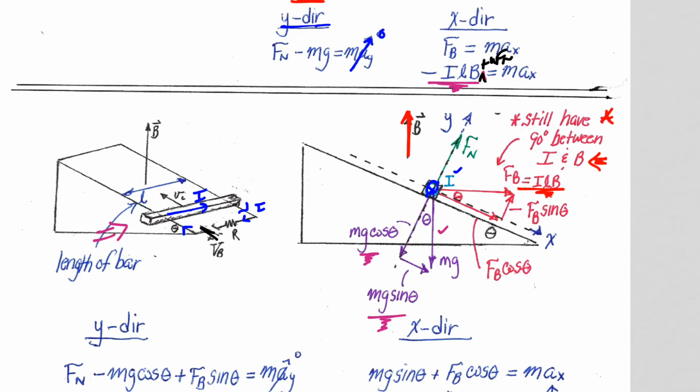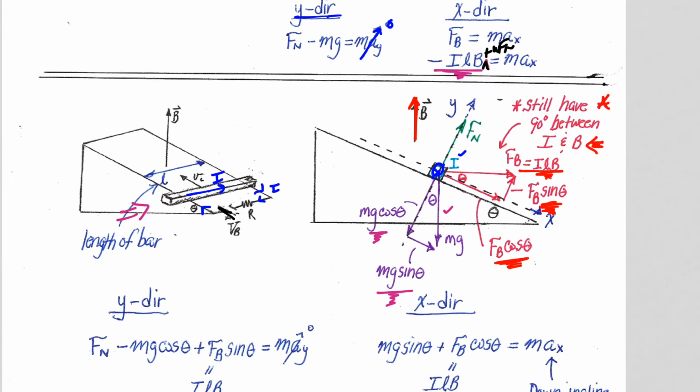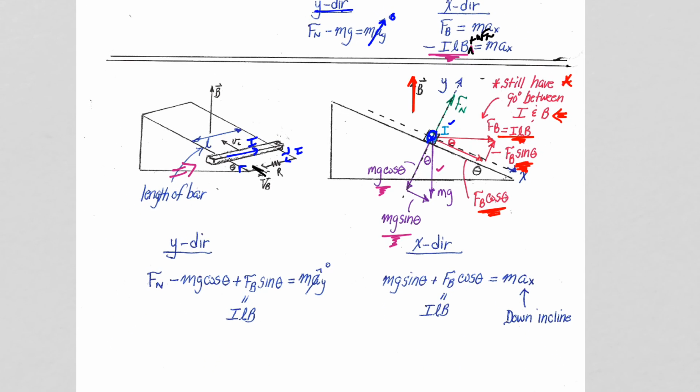Now, that ILB is not on my rotated coordinate system, so that is why we have F_B sine theta and F_B cosine theta, and of course F_B is ILB, and we have a force normal pointing straight up because the bar is not sinking into the rails. Now, in the y direction, Newton's second law, sum of the forces in the y direction equals mass times acceleration. We do have to be careful because we now have the force normal.